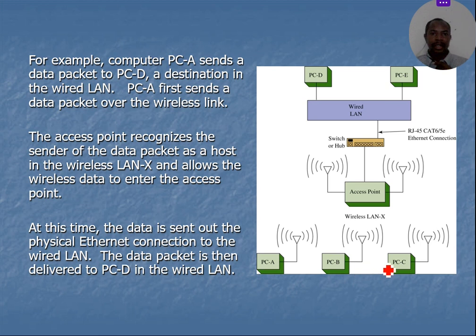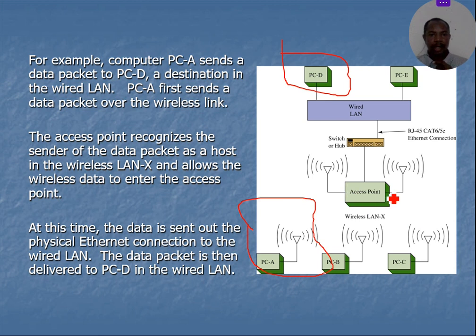Still on that, like we have already explained, say computer A, PC A in a wireless network, wants to send a data packet to PC D, the destination on a wired LAN. PC A will first send the data packet over the wireless link to the access point.